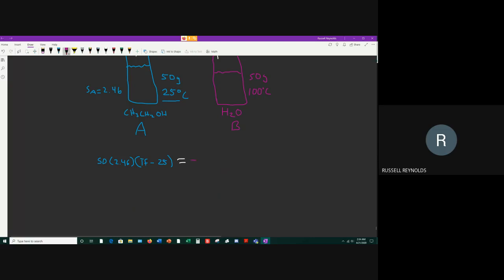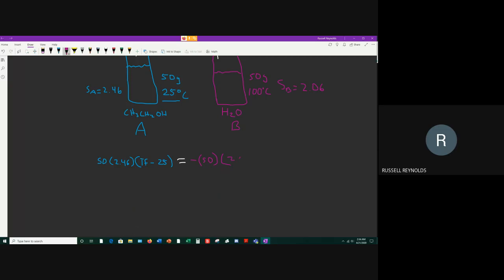so we'll have this negative sign out here. Our mass of water is also 50 grams, so we'll put this 50 here, times the specific heat of water, so SB is equal to 2.06. And this is the specific heat of water.